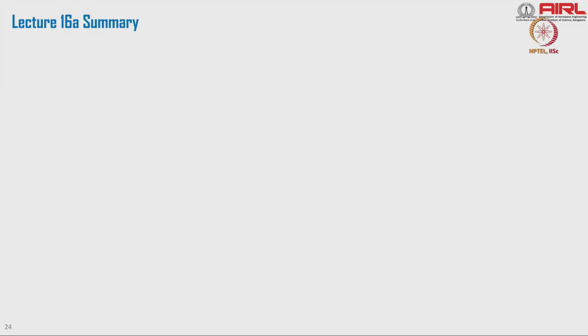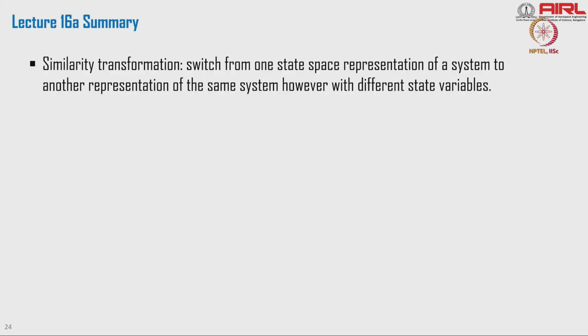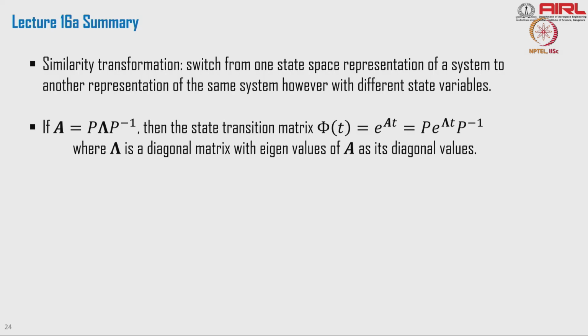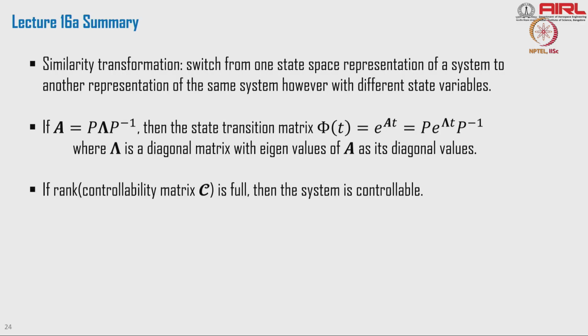Now let's summarize the things that we saw in this lecture. First, we took a look at similarity transformations, which switch a system from one state space representation to another. However, in this case the system state variables will change. And we also saw that if A is P lambda P inverse, then the state transition matrix has this property: e power At equals P times e power lambda t times P inverse, where lambda is a diagonal matrix with eigenvalues of A as its diagonal values.